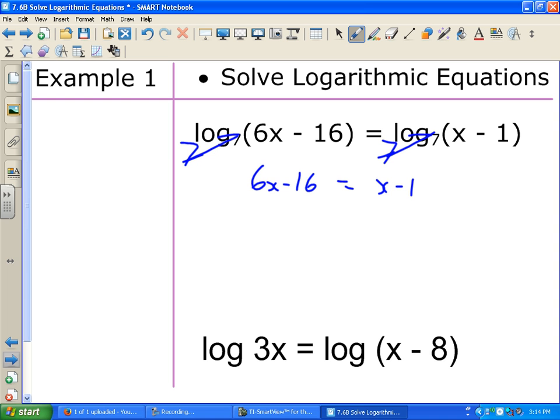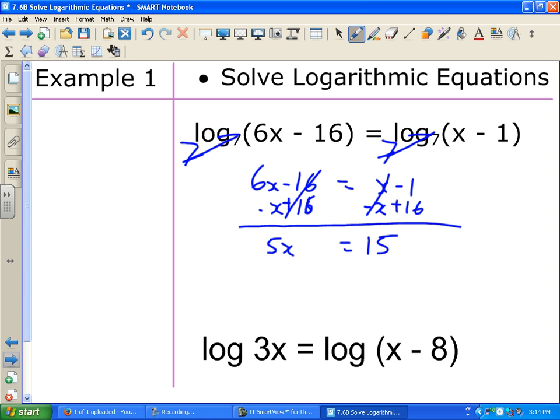Solve the equation for x. 6x minus x is 5x. Negative 16 plus 16 is 0. Negative x minus x is 0. Negative 1 plus 16 is 15. 5x equals 15.